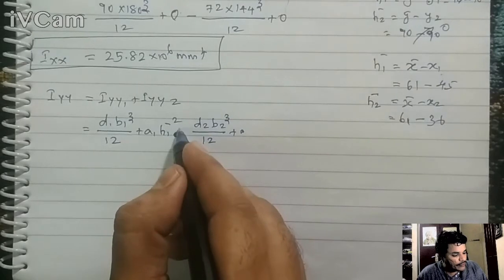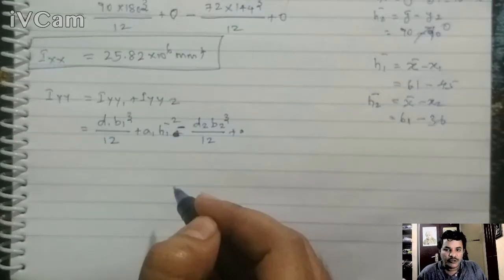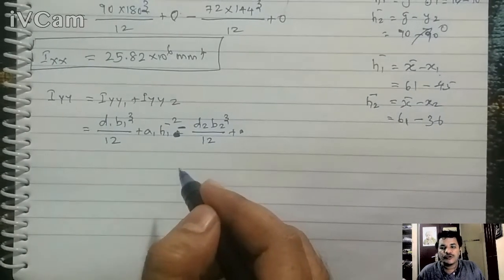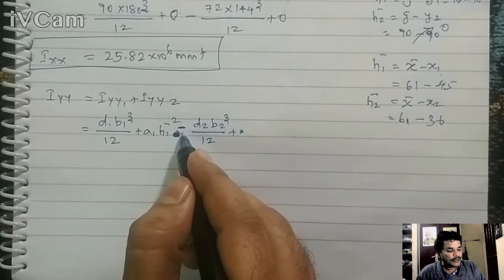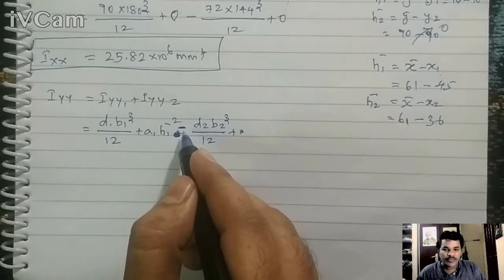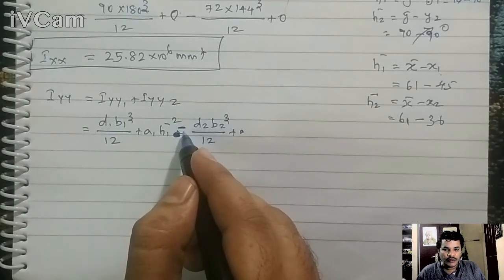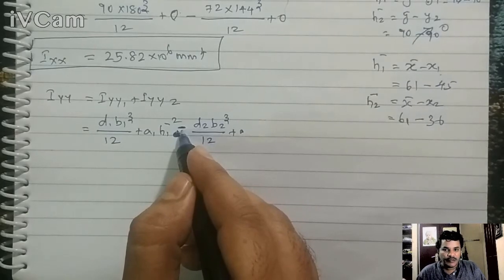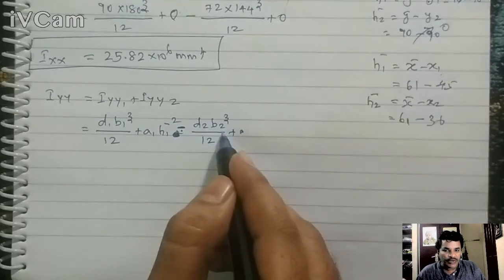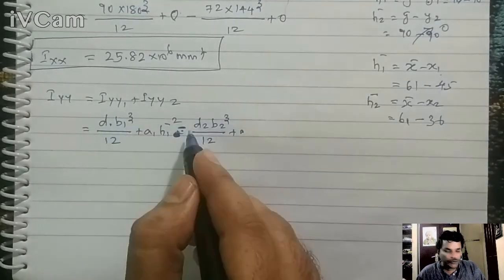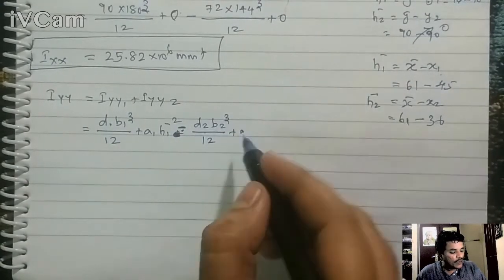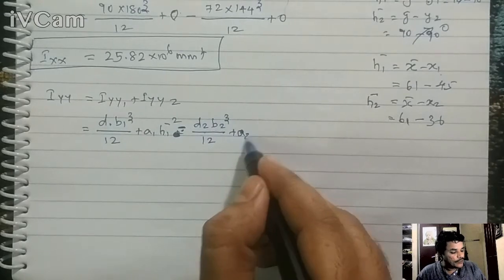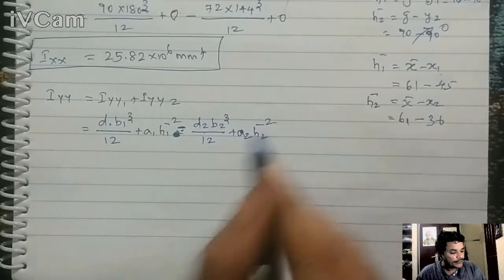Again and again I made a mistake here. While solving in an examination, please put the sign here. In regular practice we put plus, but here we are doing it a different way, so you need to put minus here. You are subtracting the small rectangle from the big rectangle.